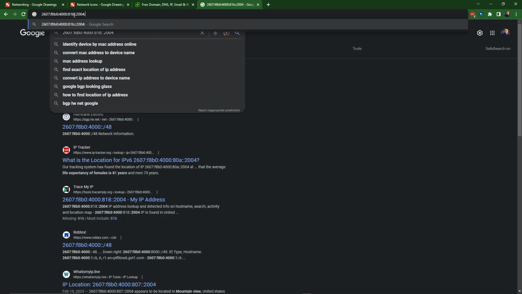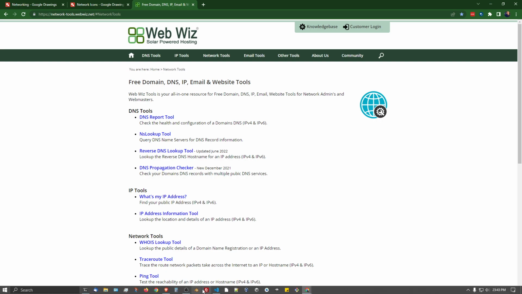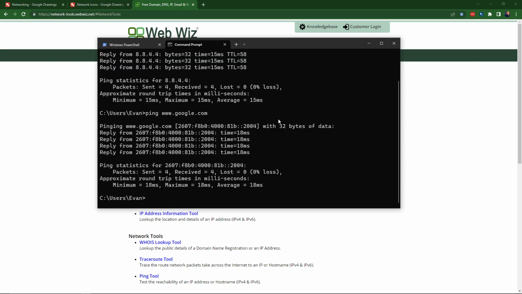Let's see if adding the zeros will make any difference and taking the colon out will make any difference. No. So, it doesn't like those IP version 6 addresses, but it does like those IP version 4 addresses. Alright, so we were able to do that. So that's the ping command.